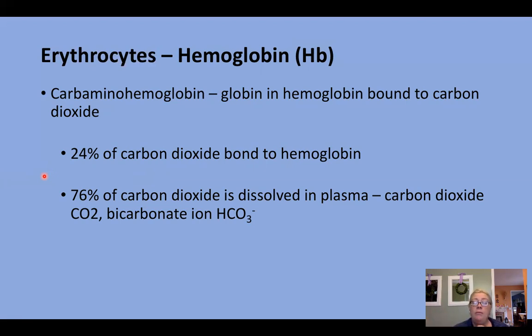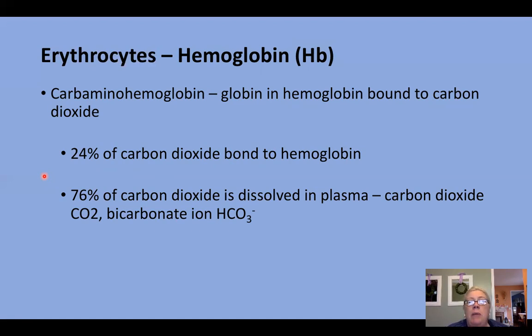An overwhelming majority, 76% of the carbon dioxide, is going to travel dissolved in the plasma. When it's dissolved in the plasma, carbon dioxide is going to travel mostly as a bicarbonate ion.